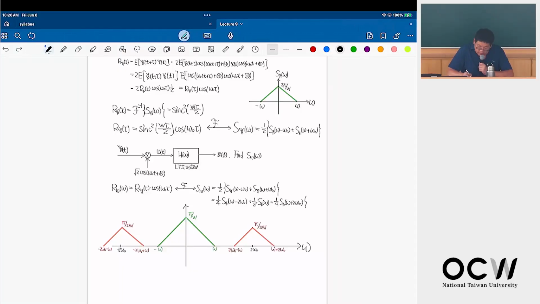Now, suppose the system response is 1 between minus omega and omega, and 0 otherwise, when the omega is outside, here we'll just say omega or w.